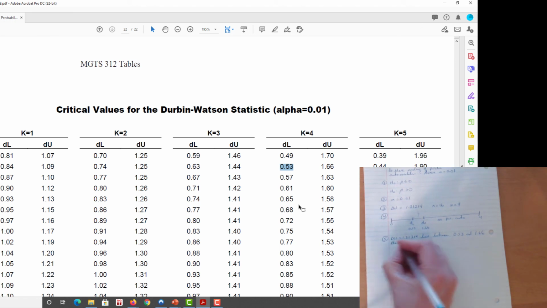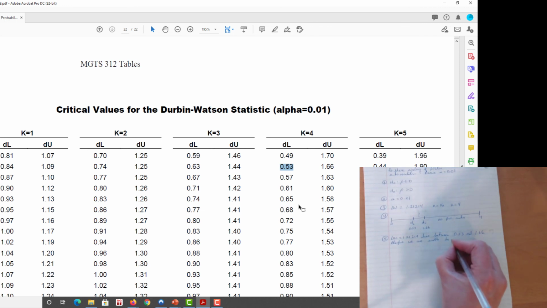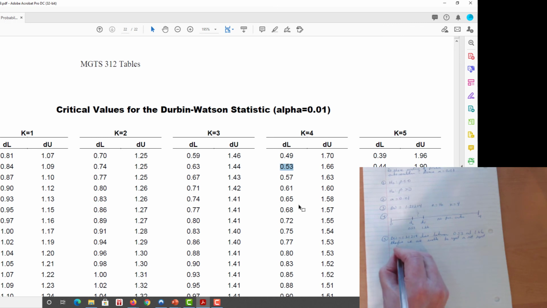Therefore, we are unable to reject or not reject H0. We're in our I-don't-know zone. We suspect there's positive autocorrelation, but not sure. Really would prefer a bigger sample size in order to be a little bit more definitive.